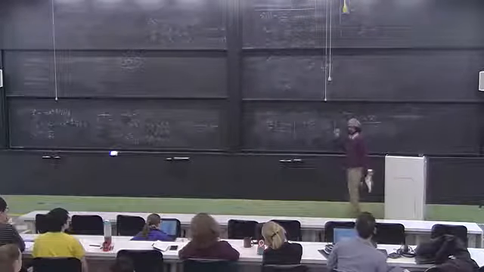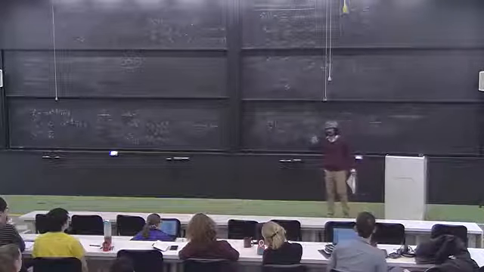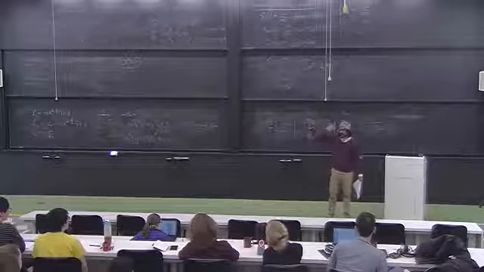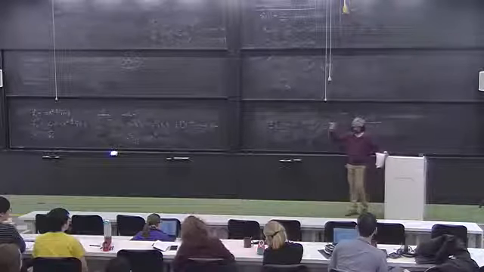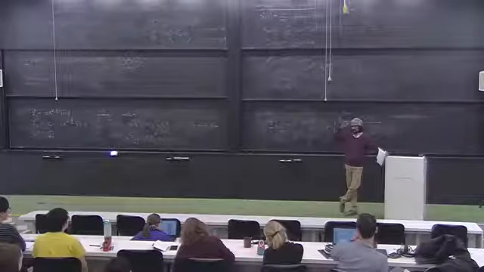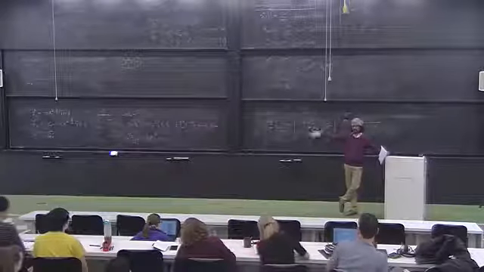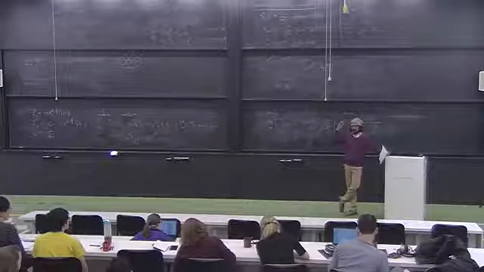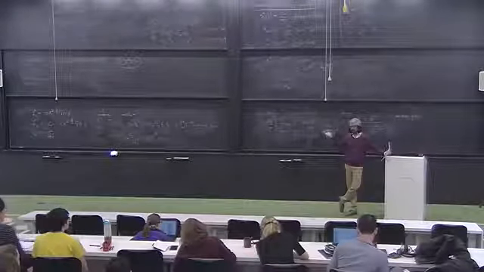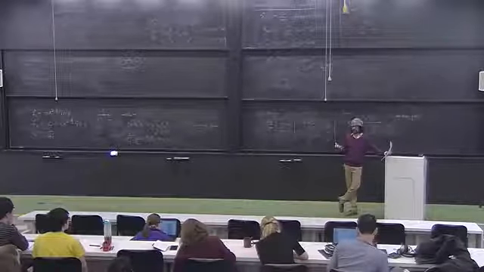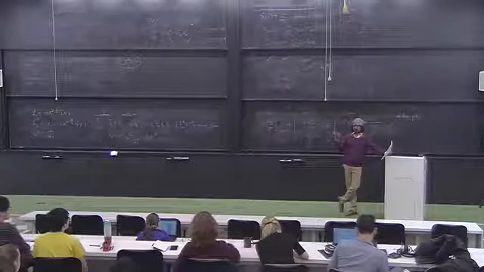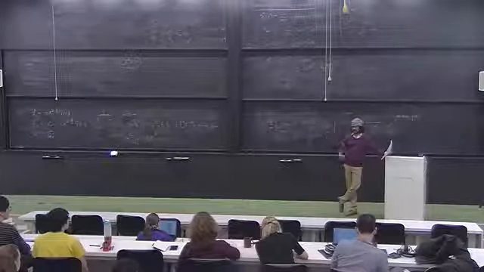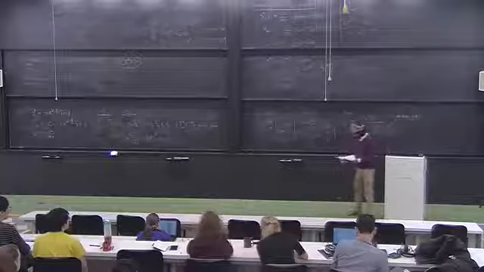In QCD, the beta function has a negative sign, which means that as you increase energy, the coupling decreases, and that's called asymptotic freedom. So at very high energy, QCD becomes essentially free. Pure non-abelian gauge theory, if you don't have matter, is always asymptotically free.